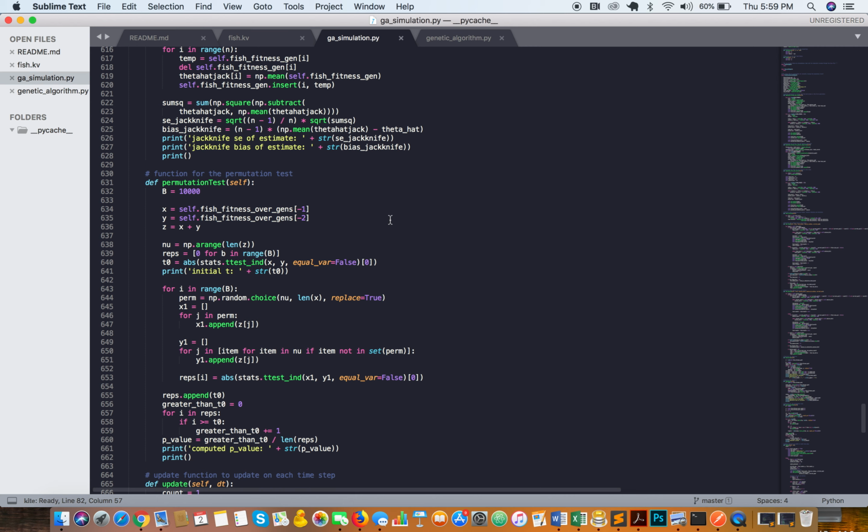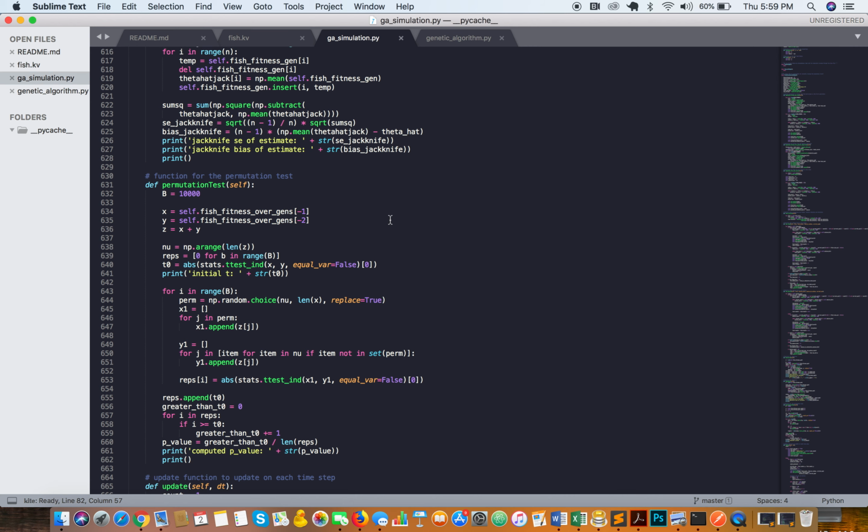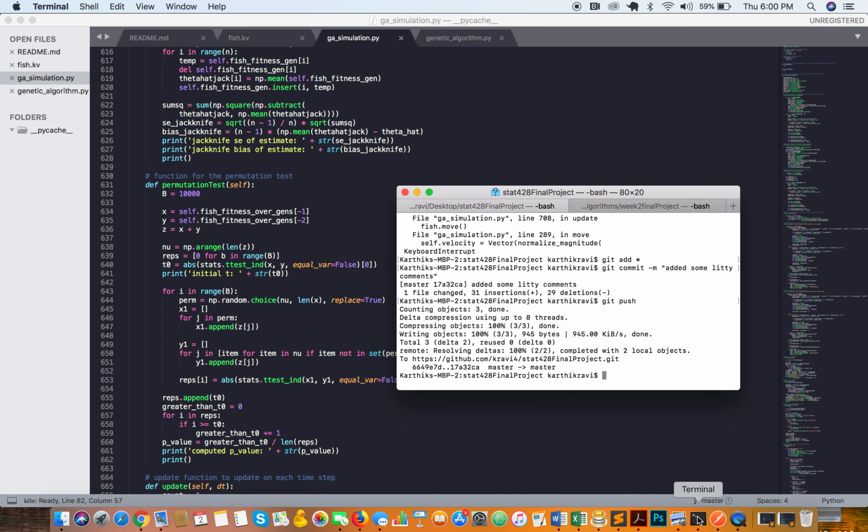And then last, we compute a permutation test to find out whether or not the organisms from every single generation are actually coming from different samples. And that's primarily to show that there actually is an evolutionary process occurring, and these organisms are actually changing over time. So I'll just run the simulation so you can see what it actually looks like visually.